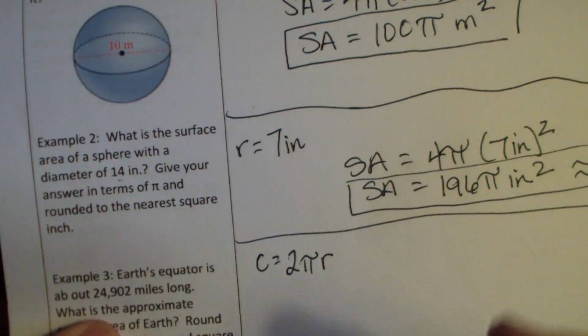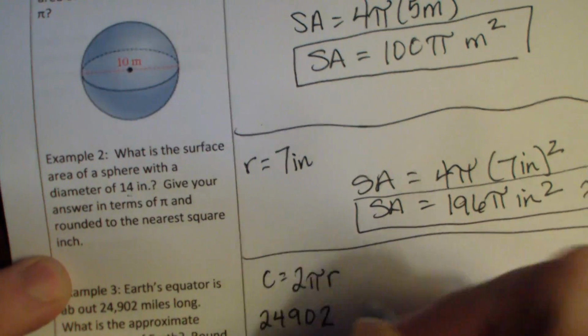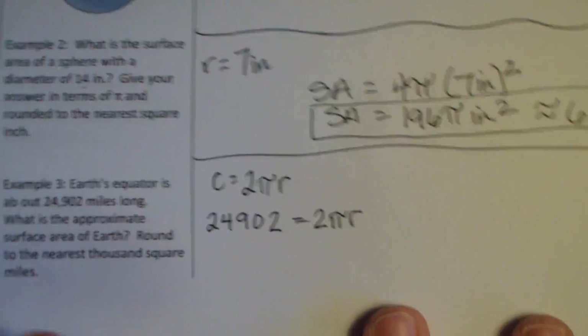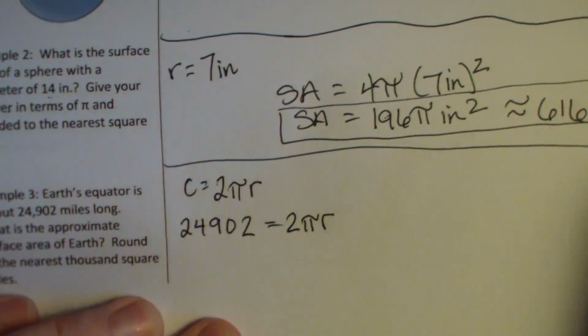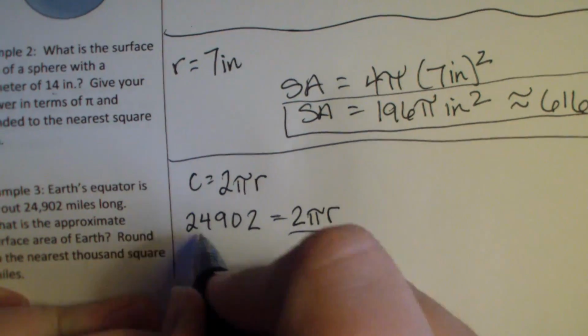So remember, circumference is 2 pi r. And so if we know the circumference is 24,902 miles long, we can plug that in and solve for the radius. So to get r by itself, we would divide by 2 pi on each side.